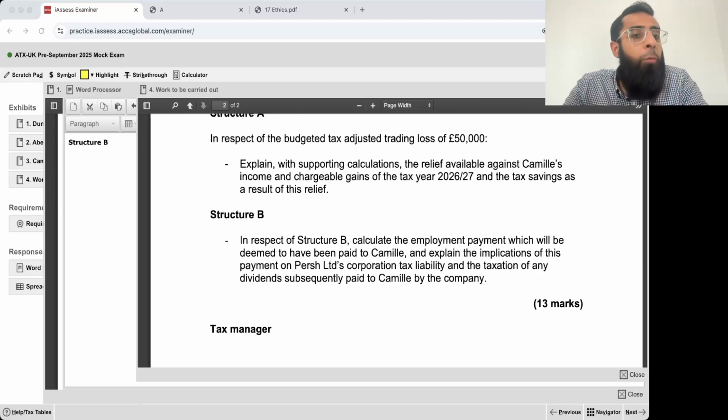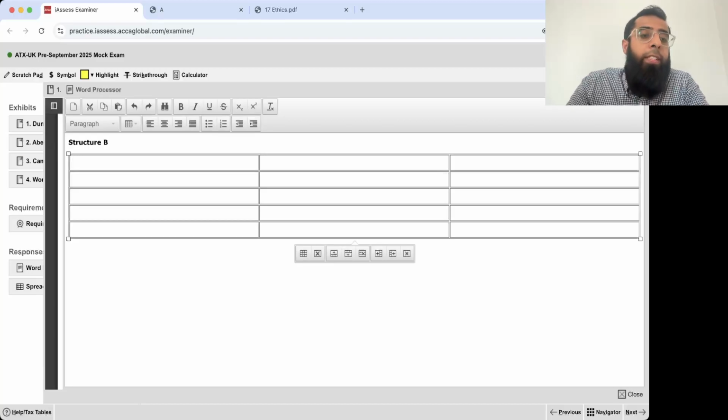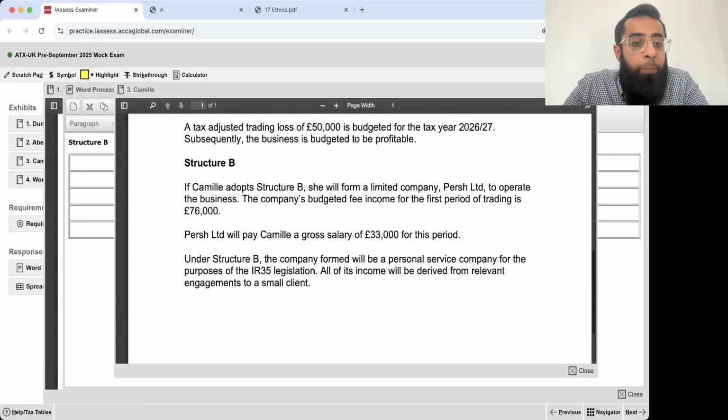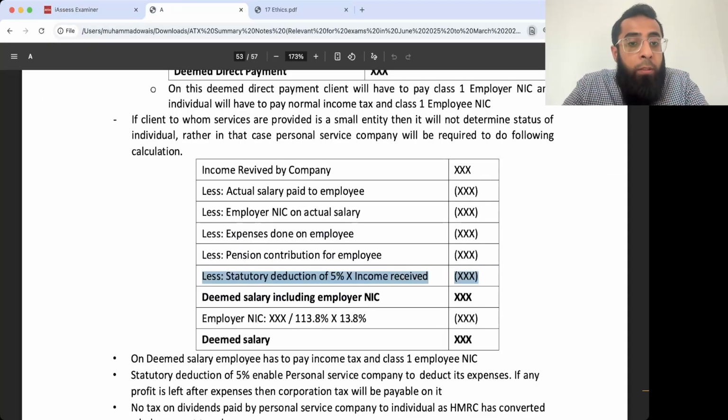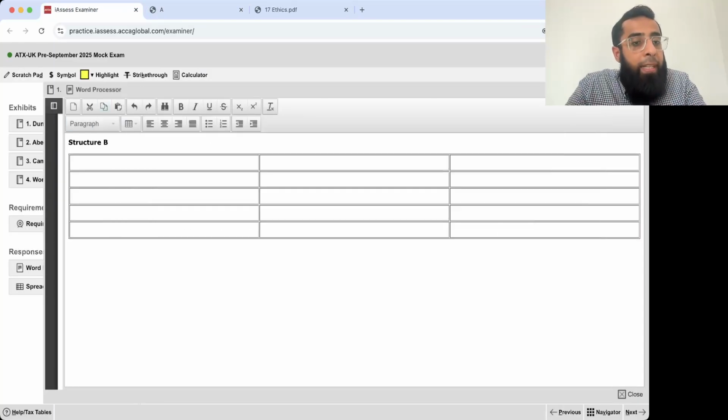Okay, so now we have to do the working of the deemed employment income. It's a simple format which we have to use. Now, CAMLA will be receiving how much? 76,000 pounds in the period. Parish Limited, sorry, the personal service company, will pay CAMLA a salary of 33,000. IR 35 legislation will apply, so you have to use this simple format.